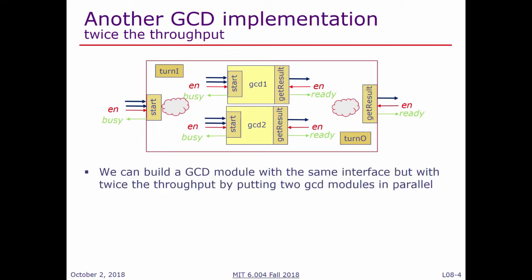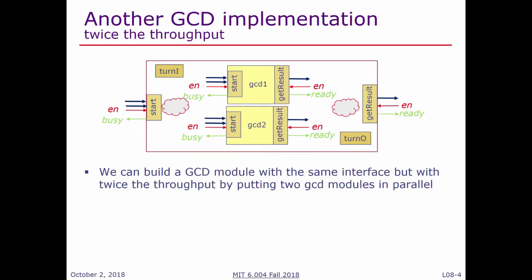And there are a couple of things I want you to notice about this, is that it has exactly the same interface as the original GCD, right? So start and get result, you can't tell from outside whether I'm giving you a fast one or a slow one, right?